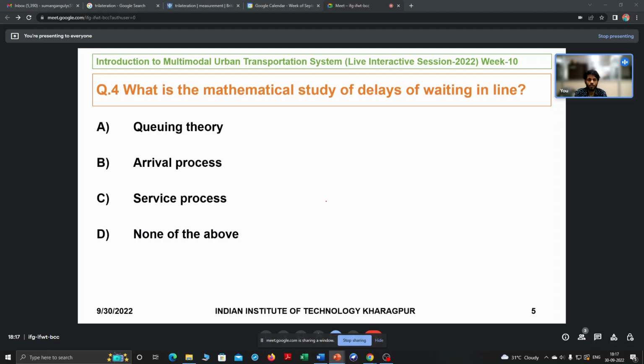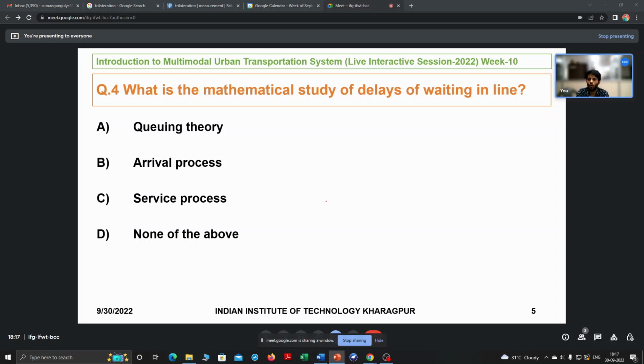Similarly, vehicles also queue, maybe at a toll booth, or in a jam near a signalized intersection or something. So what is the study that is concerned with this delay of waiting in line, what is this called?